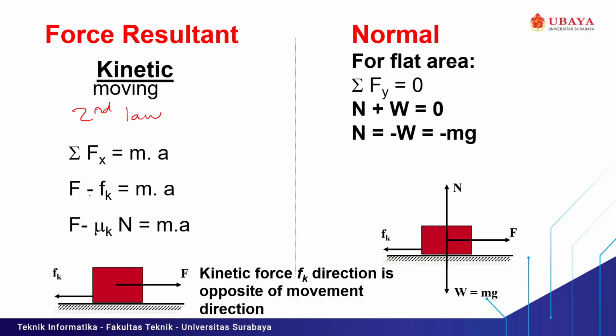We get F subtracted by Fk, because they are in opposite directions and we assume the positive direction points right, in the same direction as F. So F minus Fk equals m times a. Then you can calculate the acceleration by solving this equation. Usually you will need to find the acceleration.